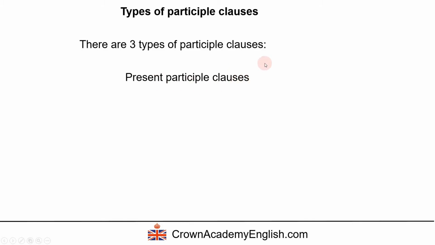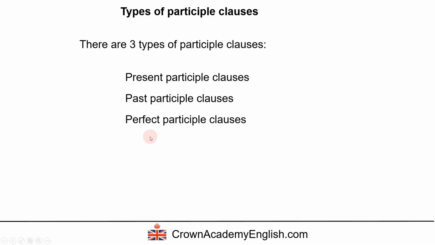Running for the bus, opening the fridge, they are both examples of present participle clauses. There is a second type called past participle clauses, and there is even a third type called perfect participle clauses. And don't worry, because we will look at each type in more detail in this video.